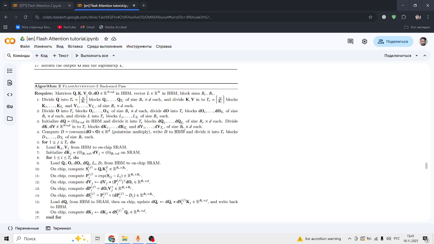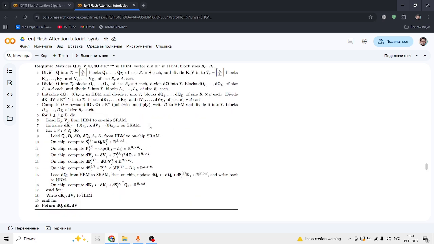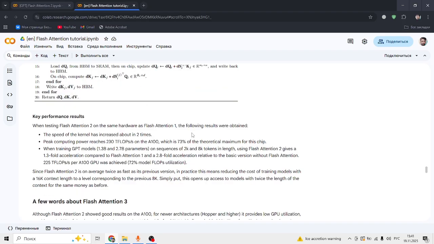For backward pass, it looks almost the same, but here we can use atomic operations in the parallel mode, parallelization with sequence length, and it lets us speed up our algorithm, but we should know that, as I said before, the performance may be less by 10 or 20%.